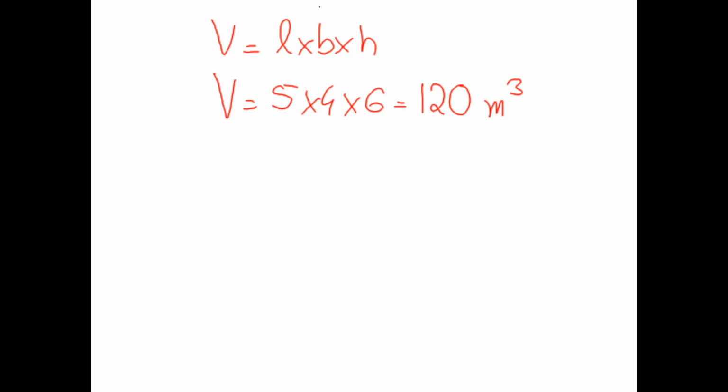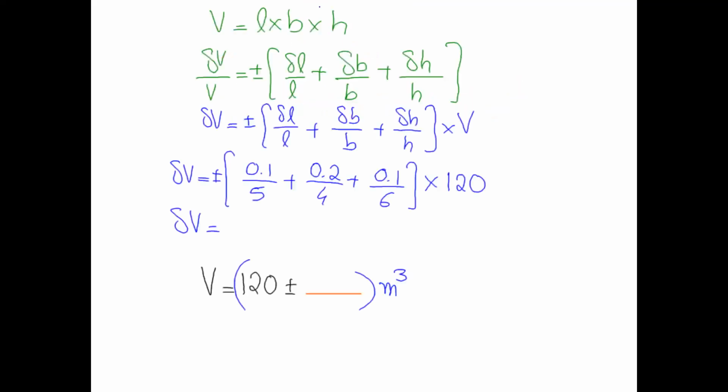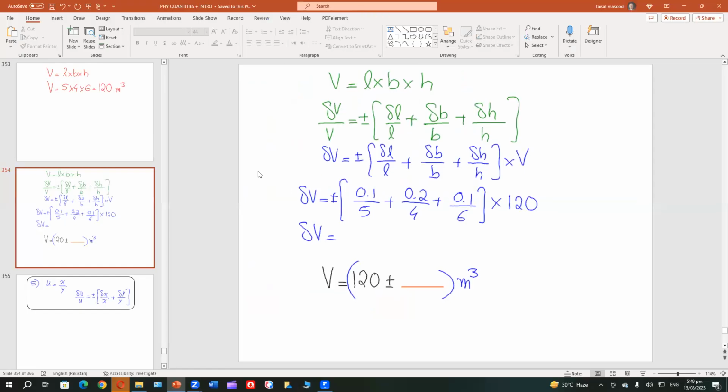Sir, is it 120 plus minus 10 meter cube? 120 plus minus 10, how come? First, you write down this formula. It was initially 10.4, but then I converted it to one significant figure.